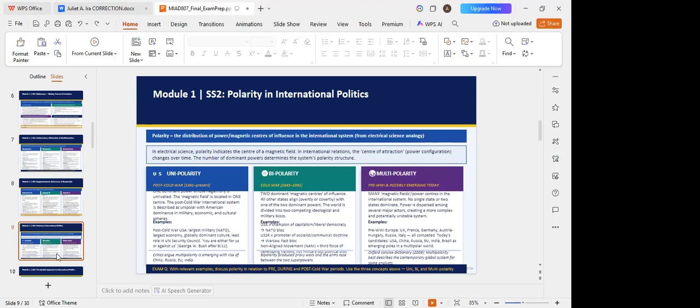See, we say during the Cold War, bipolarity existed during the Cold War. So if we want to make reference to the current NATO bloc, we are going into contemporary global politics.